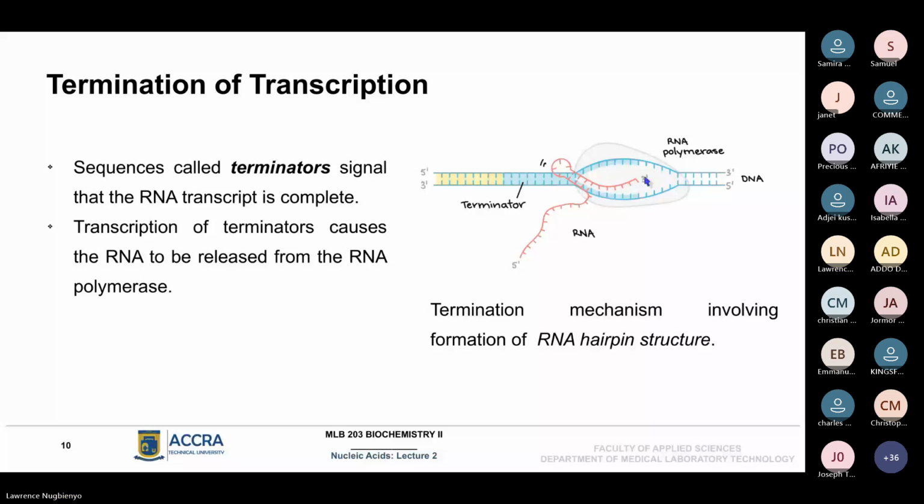So it's almost like the RNA molecule is forming a knot at the end, zipping together, forming that secondary structure, and thus dissociates away from the DNA molecule. That is the template that the RNA molecule is being copied from. So you can keep that as one of the functions of the hairpin structure. Or even generally, you can say the secondary structure has this function of termination in the process of transcription.